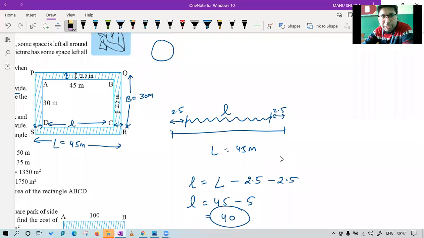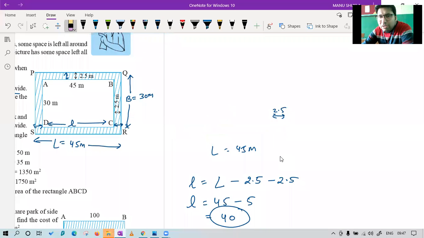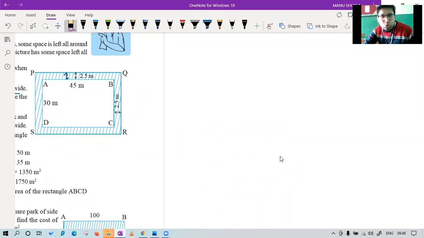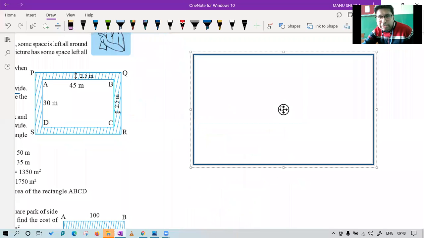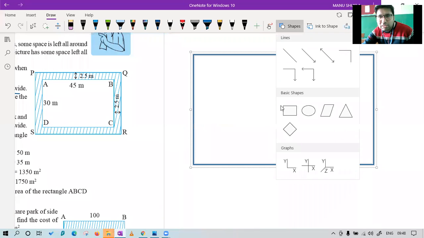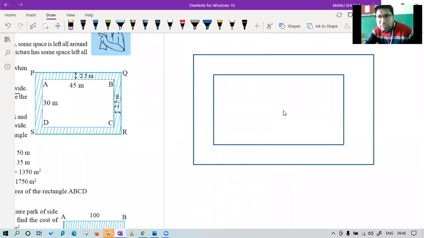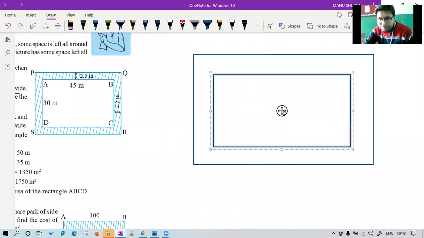What we have done is, let me show you again. We always try to find the things which are not given to us, or which are indirectly given to us. Let me show you. So we have a rectangle. This is the larger rectangle given to you, and this is the smaller rectangle given to you, like this. Okay, Sarvagya, these are the two rectangles given to you.